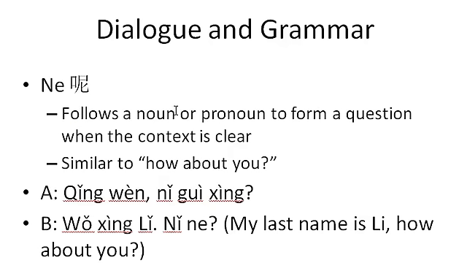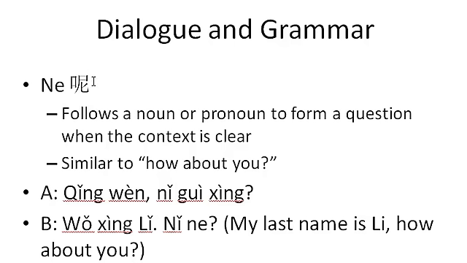Na. Na follows a statement to make it into a question, or can follow a pronoun to make it into a question. But it's only used to make a question when the context is clear, because you don't want to repeat the question.